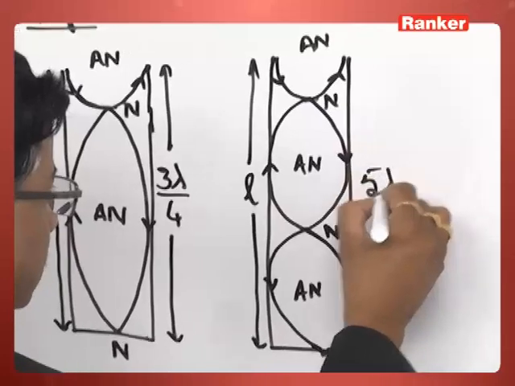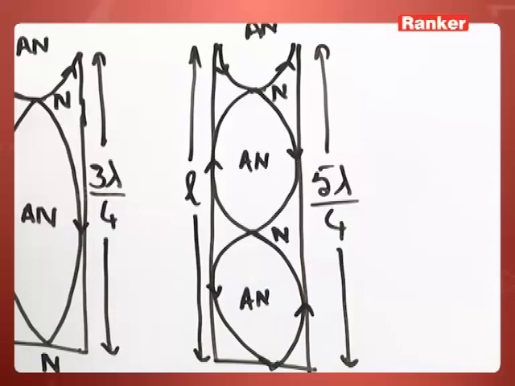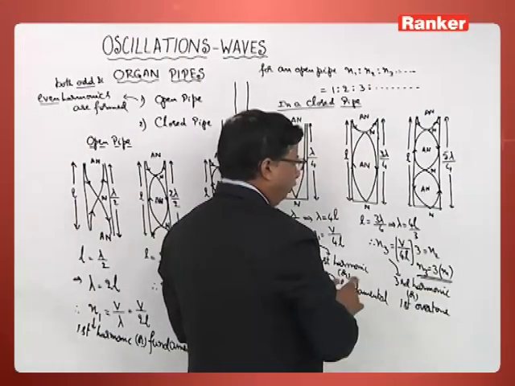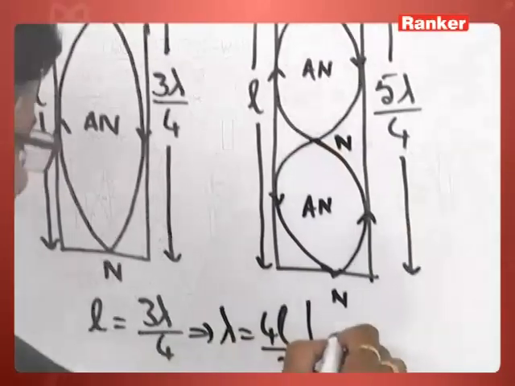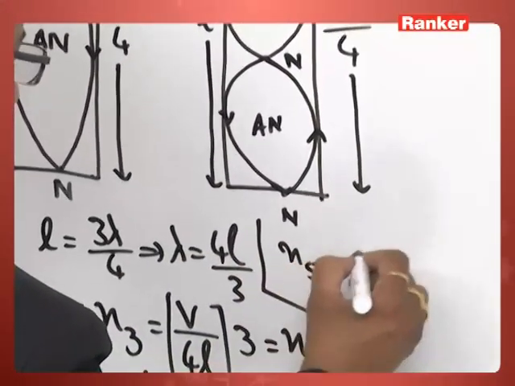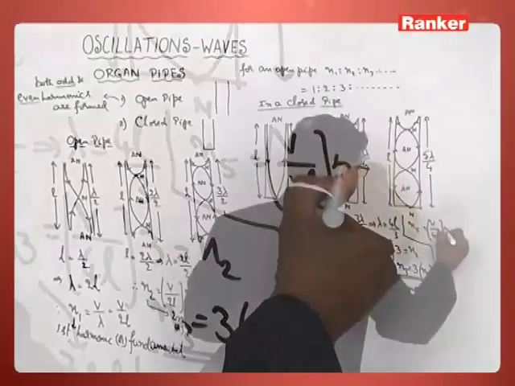This now becomes 5 lambda by 4. So definitely you can write the same like this now. This N5 is equal to V by 4L into 5.